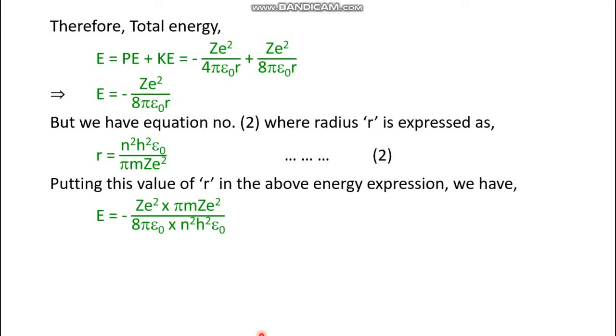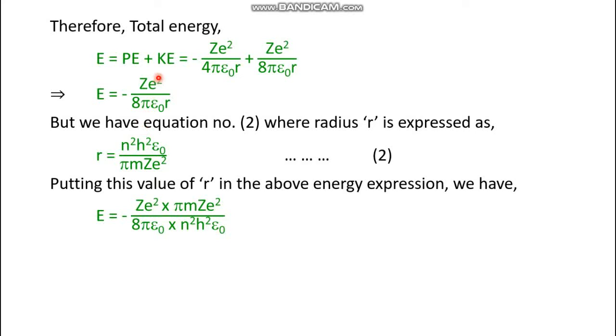Putting this value of r in this equation, so this will go to the denominator and this will go to the numerator, just reversed. Okay, when it is put here in place of r, in the denominator you can see n square h square epsilon 0, and in the numerator you can see pi mz square, and the other values are same.